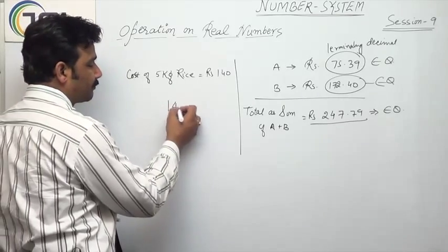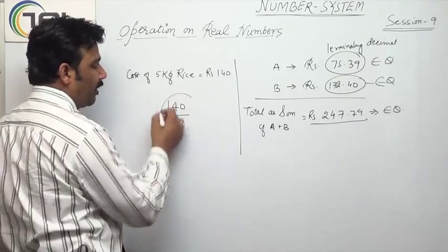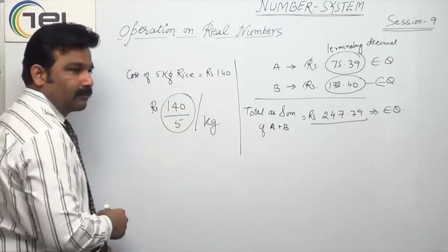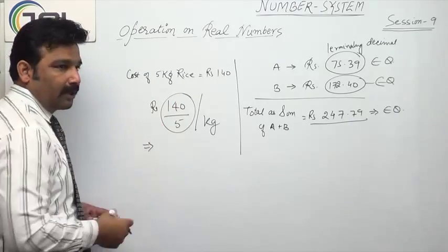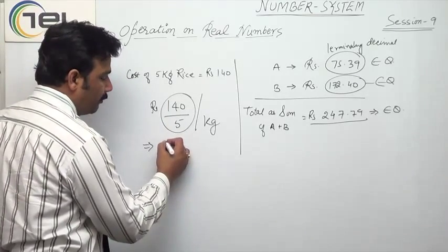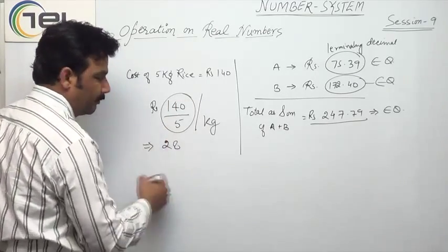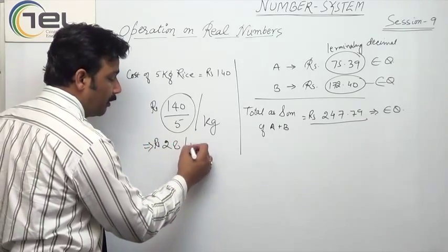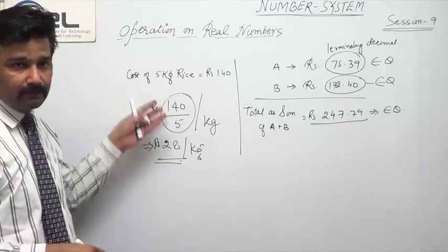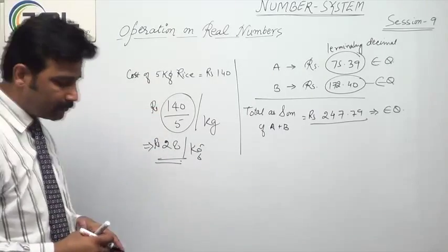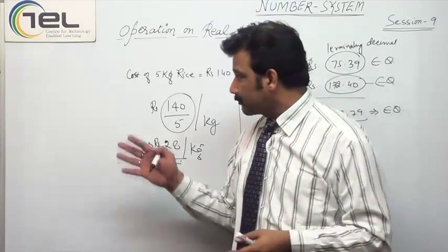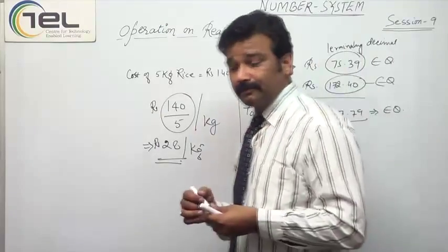You divide 140 by 5, that much rupees per kg, and it comes to be very easy, 28 rupees per kg. What am I doing? I am dividing them. So in my life, normally daily I am doing these types of things.